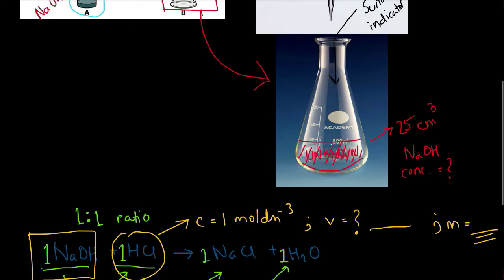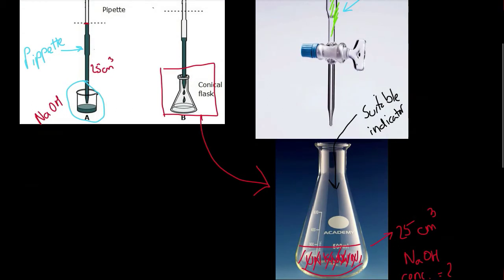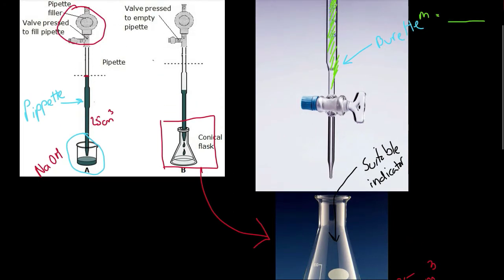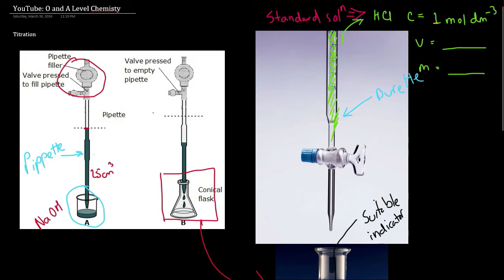Whenever you reach a point that the moles of NaOH and the moles of HCl are equal, you're going to see a sharp change in color, and so you're going to turn the tap and stop adding any more HCl into the flask. When you turn off the tap, you can read how much HCl you have added into the flask.